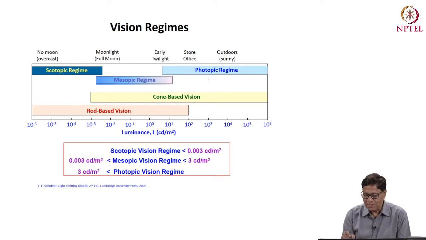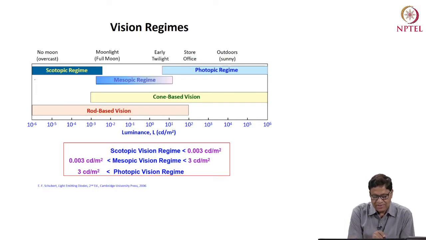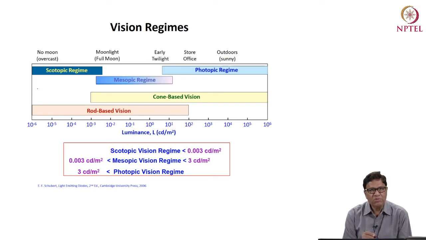Then you have the scotopic regime, where there is very little light and it is poorly lit, for example when there's no moon or it's overcast. The light in between is called the mesopic regime.